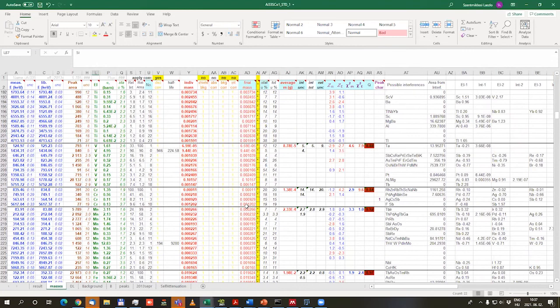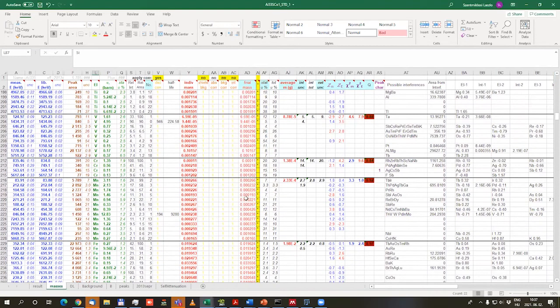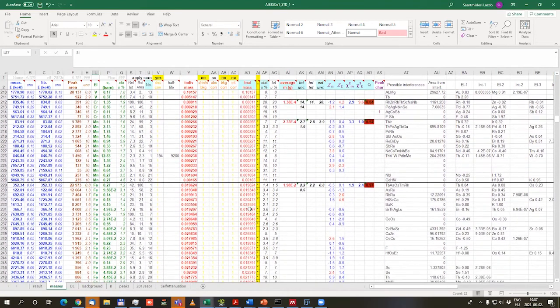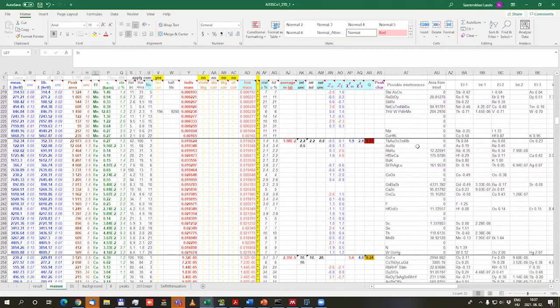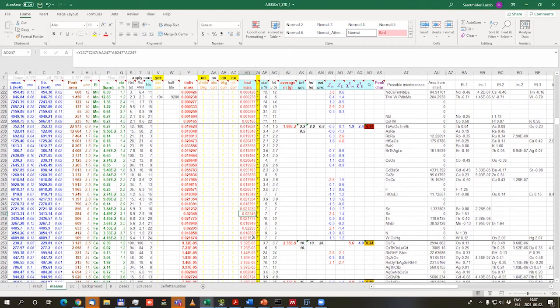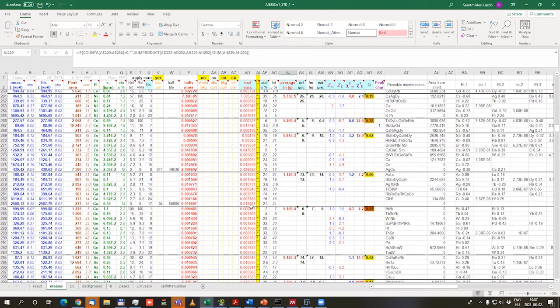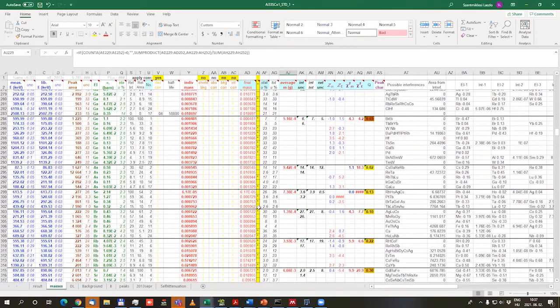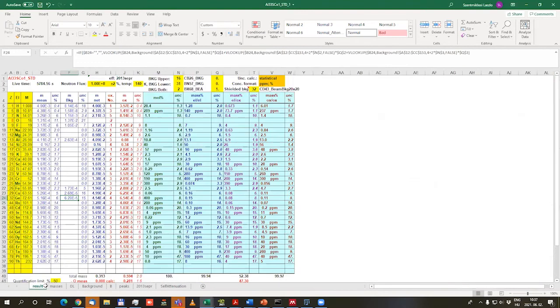So basically, the task of the analyst is to go through this entire table and check each element and see if the masses that the program determined are correct and in line with the weighted average. And then once these data are checked, this table is automatically updated.